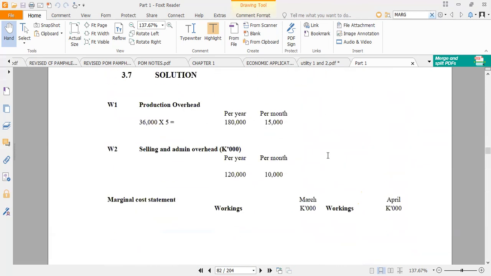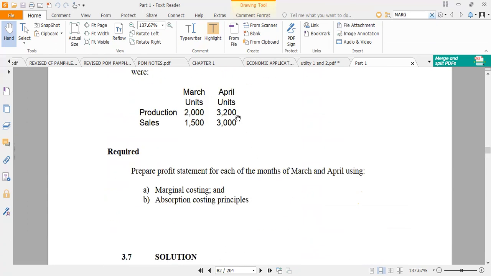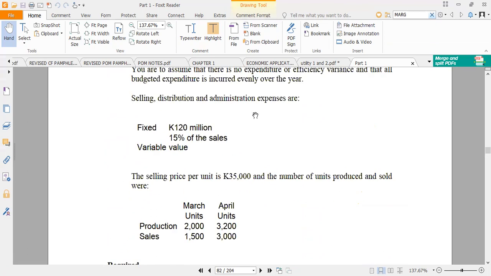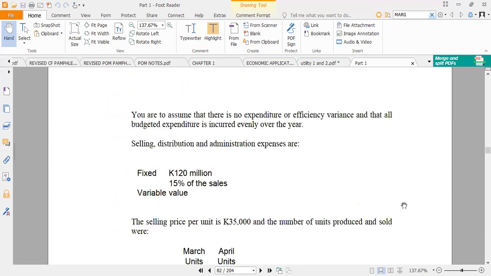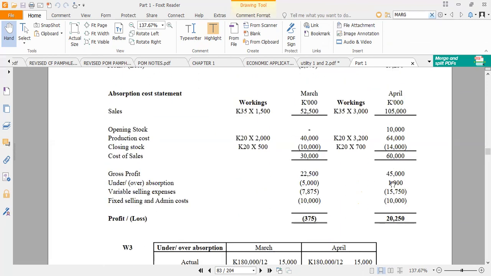Now we produced 3,200 units, and our normal production would have been 3,000. So there was over absorption of 200 units, which we should multiply by the fixed cost per unit of 5. That's where we add over absorption of 1,000.